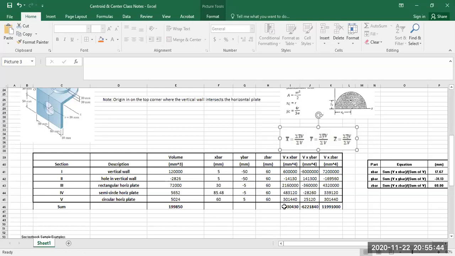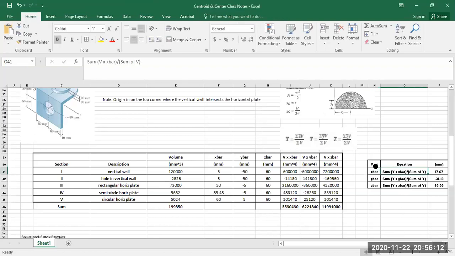So I totaled them all up, and notice that the negative volume is still coming out here. So I summed up the total x bar times the volume, y bar times the volume, z bar times the volume, and then I totaled the volume here. So what I want to do is take this total and divide it by the total volume. And that's what I did here.